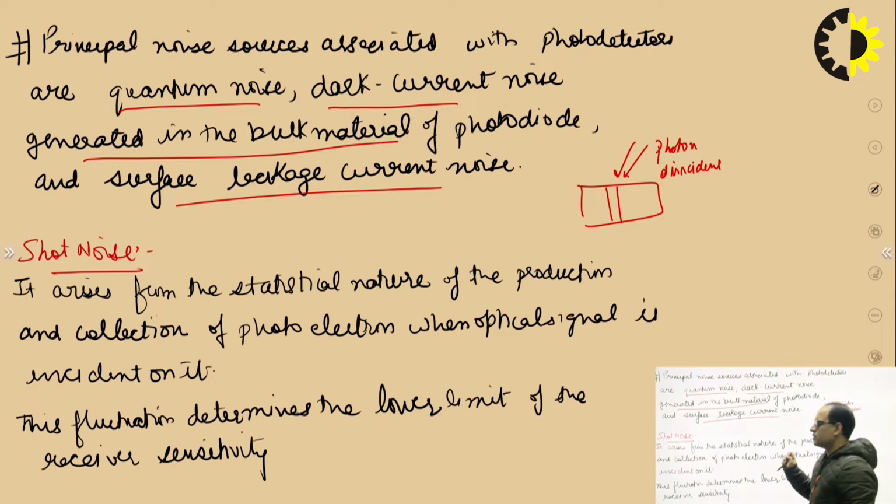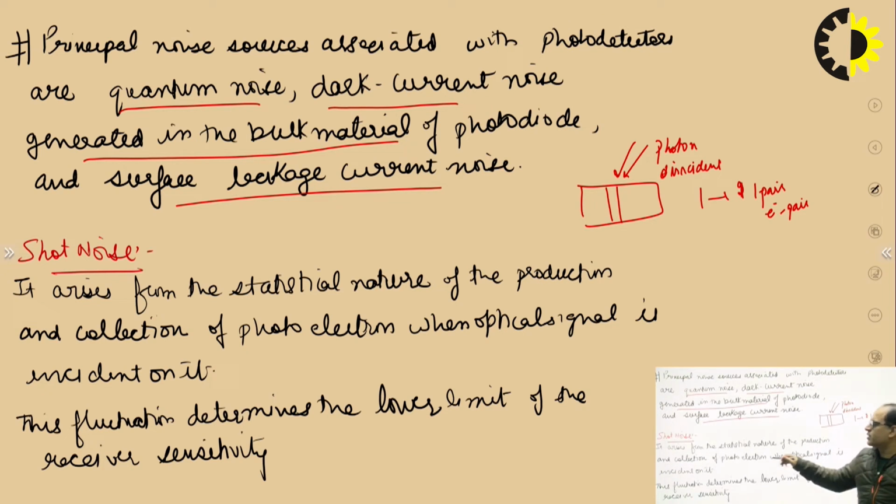You cannot say that every one photon generates one electron hole pair. It is a random process. Two photons can create one electron hole pair. Clear? Or 10 photons hit this depletion region and only 2 electron hole pairs are generated. Or 10 can generate 20 electron hole pairs.